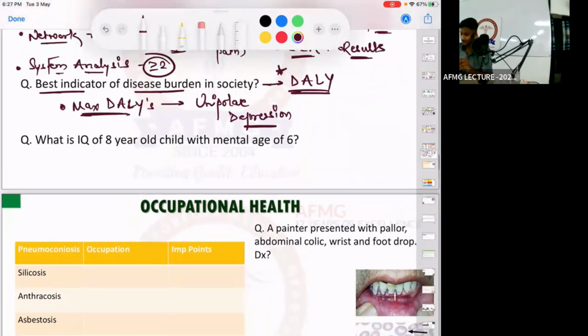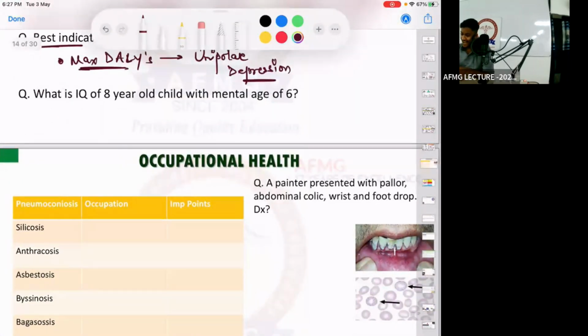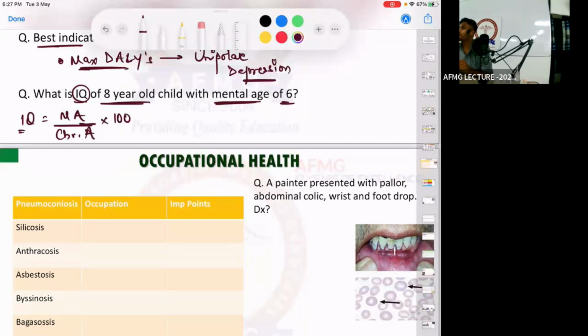You may feel it too. So now, what is the IQ or intelligence quotient of an 8-year-old child with a mental age of 6? IQ is calculated as mental age upon chronological age into 100. The maximum chronological age that can be inserted is 15.